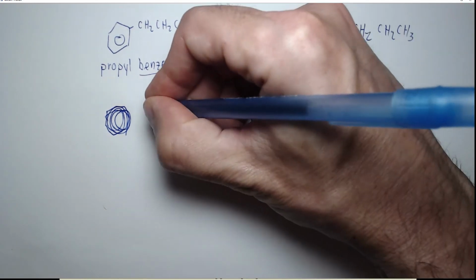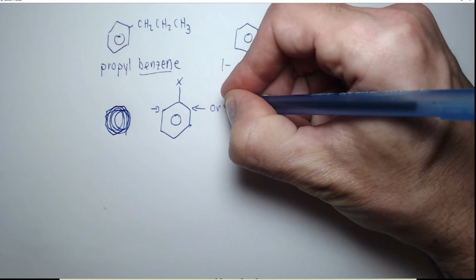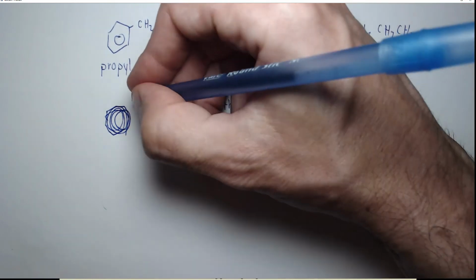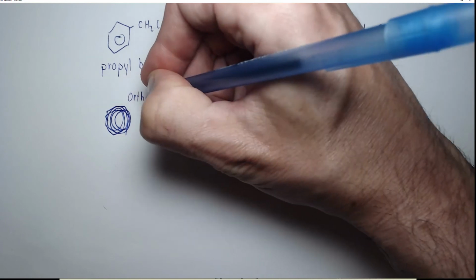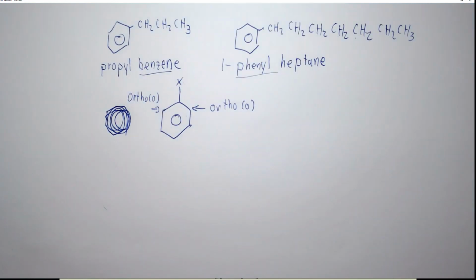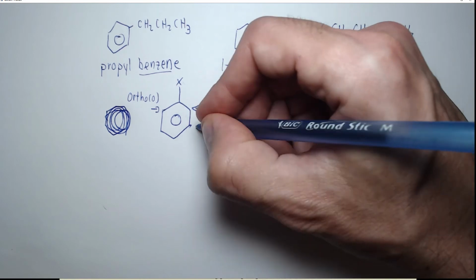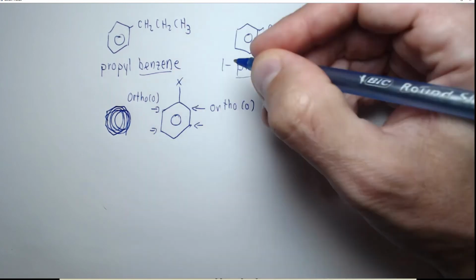This and this are called ortho, sometimes abbreviated as just O. And this one's also ortho, or just O. All right. What if we're 2 carbons away? So 1 carbon, 2 carbons away, here or here.